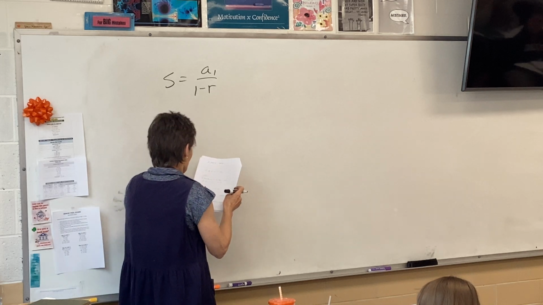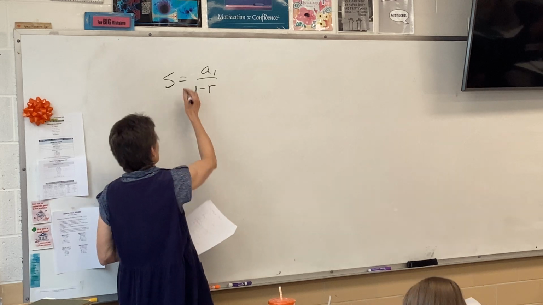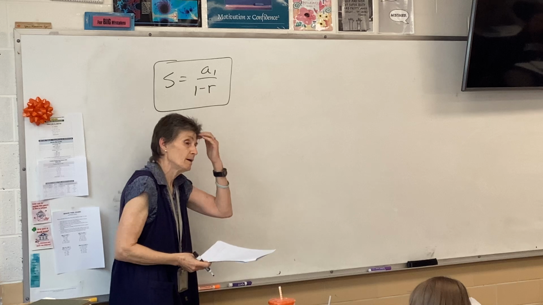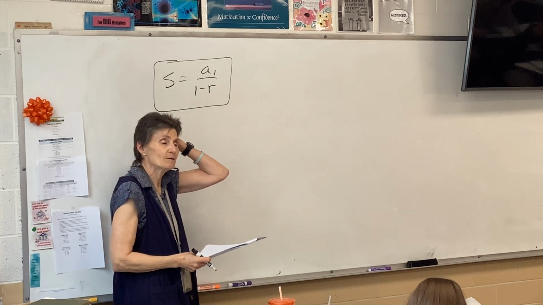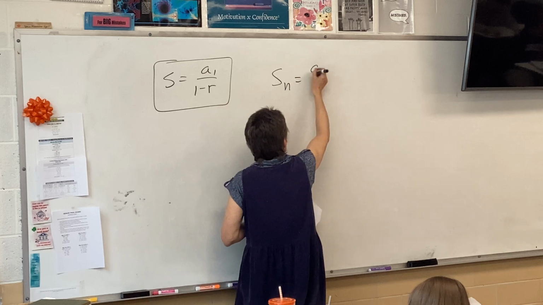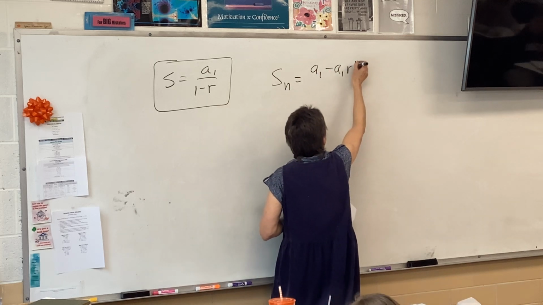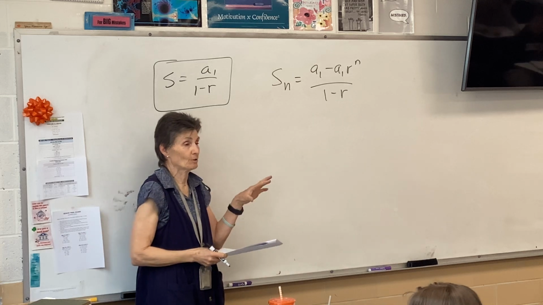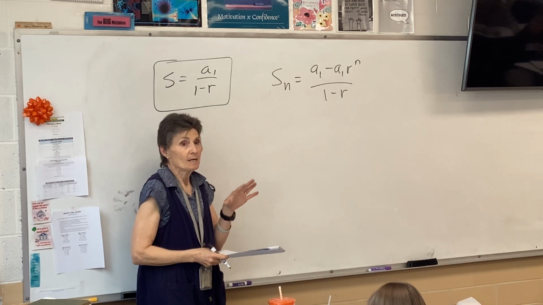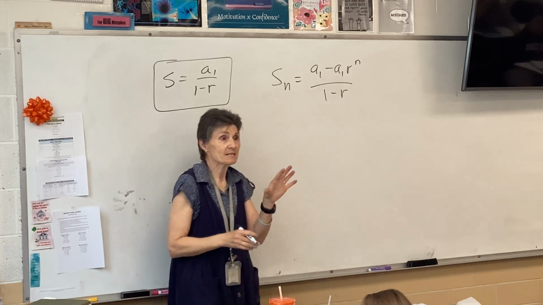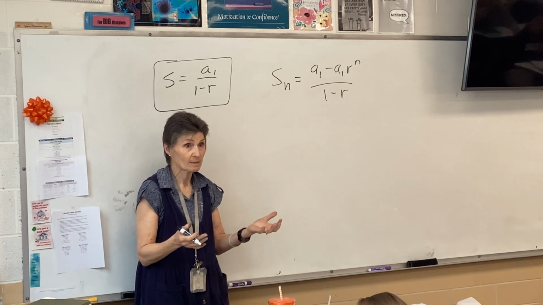All right, find the sum of the infinite series. This right here is the formula for the sum of an infinite geometric series. If you recall, this was the formula for a regular geometric sum. Now, if something is infinite, that means it's uncountable, right?